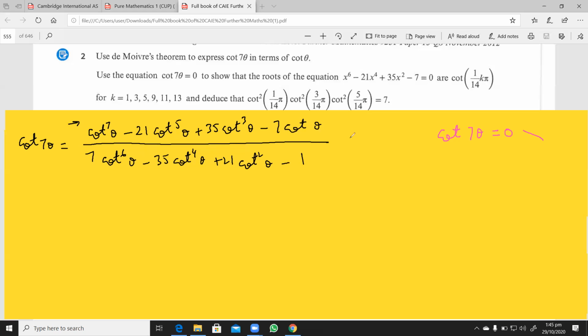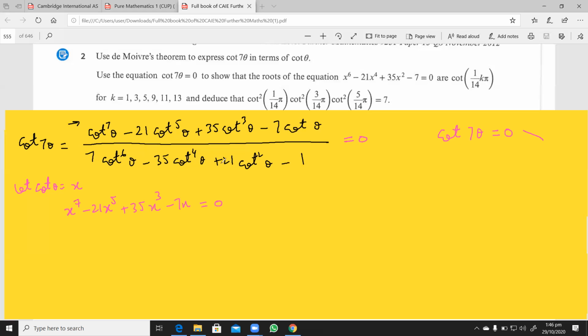You see that when I put that equal to 0 over here, now you will have to say that let cotangent theta be equal to x over here, okay? So you will have this x raised to power 7 minus 21 x raised to power 5 plus 35 x cube minus 7x that is equal to 0.